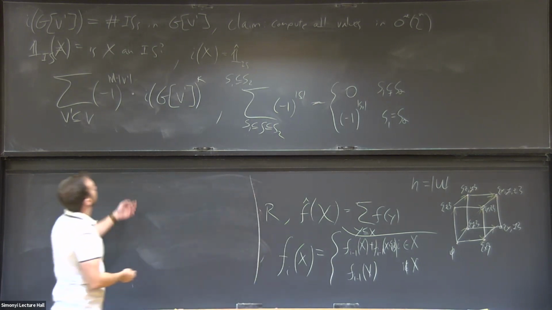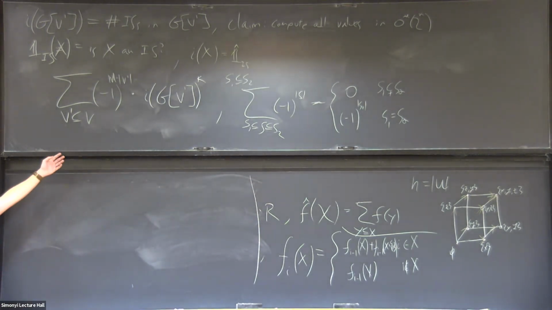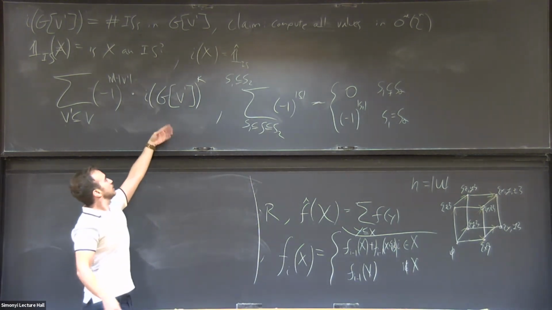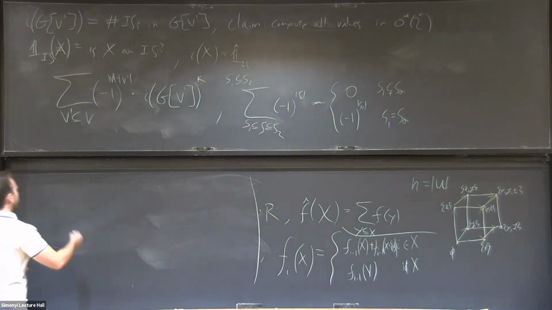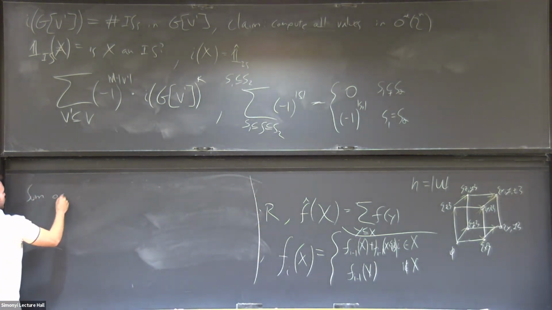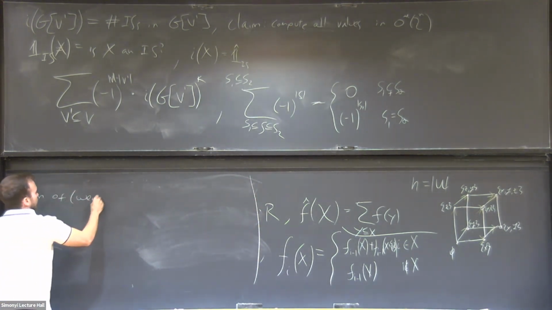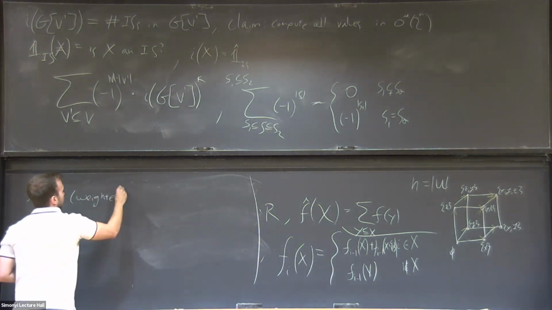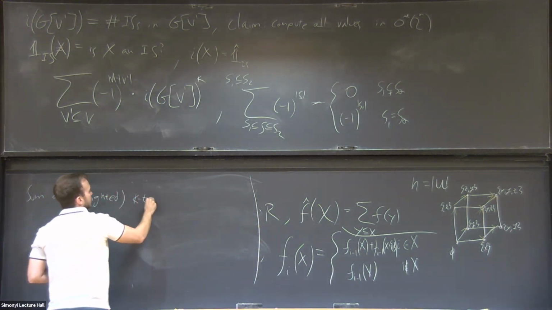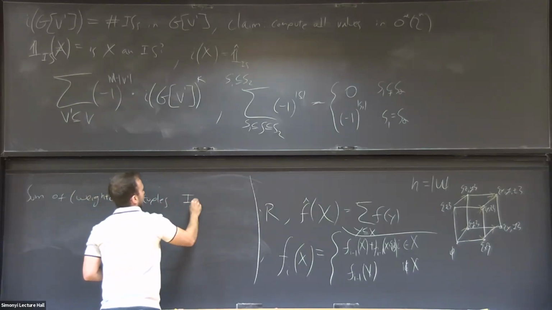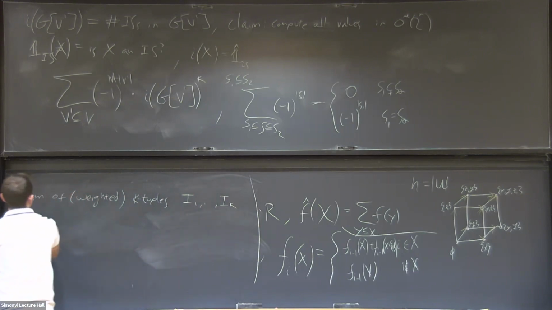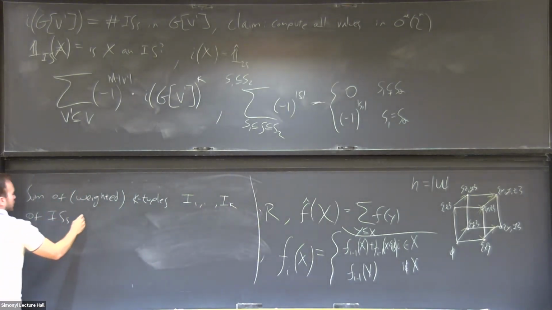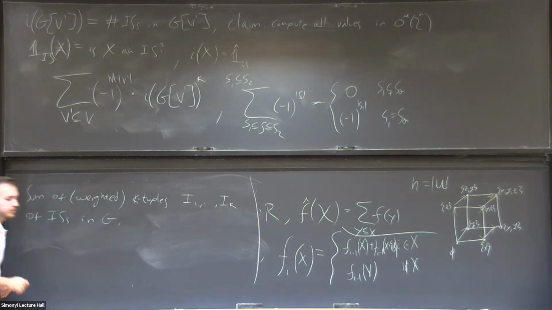Okay, so what actually are we summing over? We are summing over K tuples of independent sets, right? If I take the number of independent sets in some subsets to the K power, I can think of this as a sum of weighted K tuples I1 to Ik of independent sets in the graph.